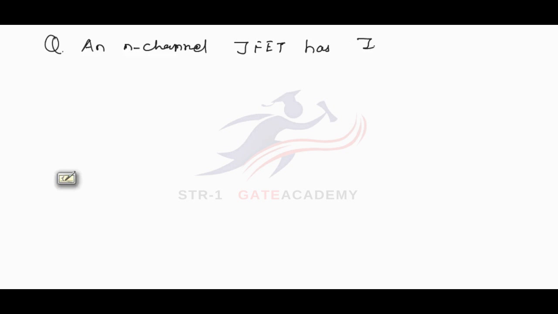Now we will solve some problems on JFET. An N-channel JFET has IDSS equal to 2 milliamperes and VP equal to minus 4 volt.